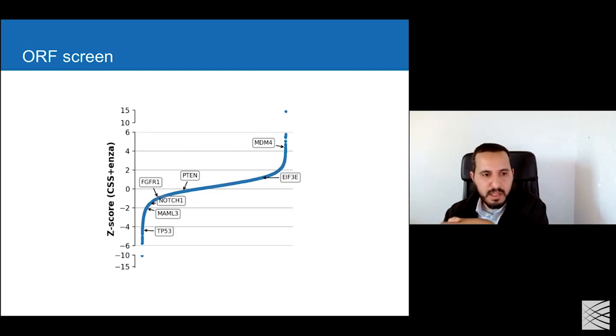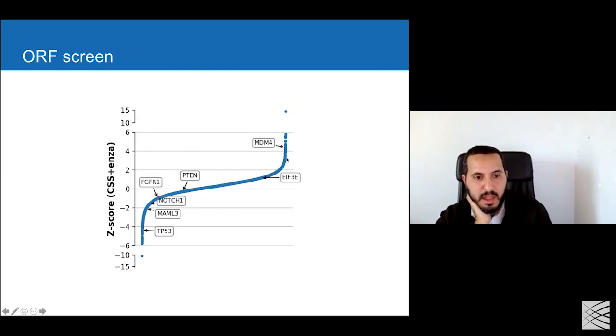This is an ORF screen in a prostate cancer cell line. And we found that a lot of our highly ranked genes are present in this screen. For example, we found that MDM4 itself is the most highly ranked nomination that we came up with.